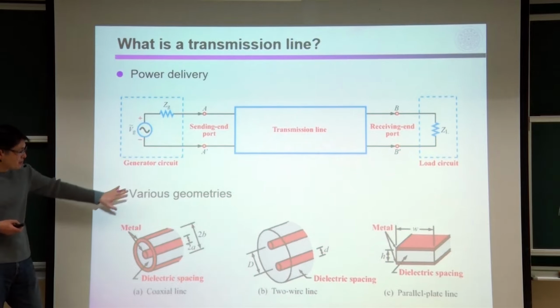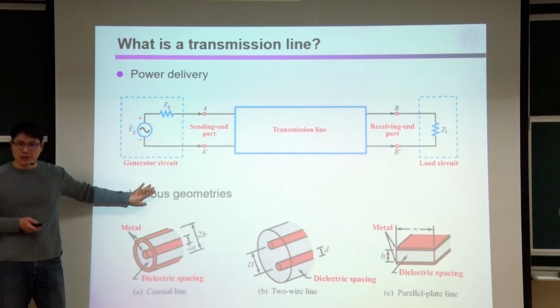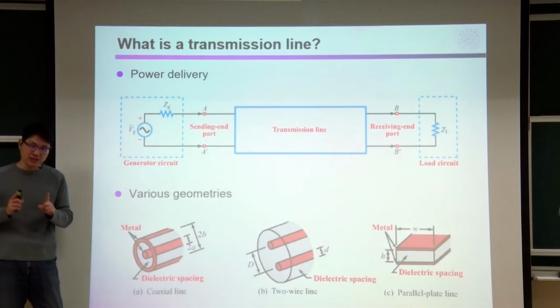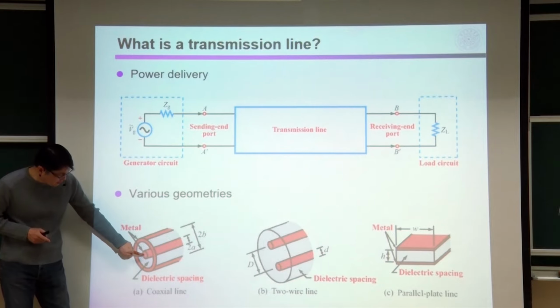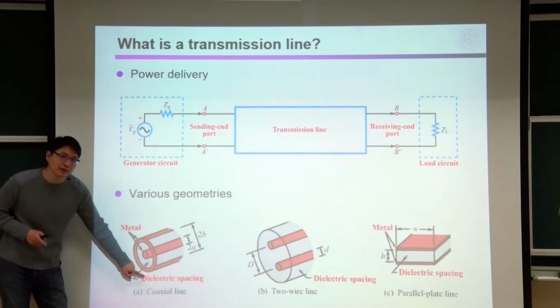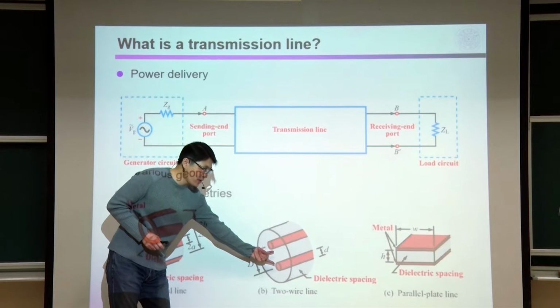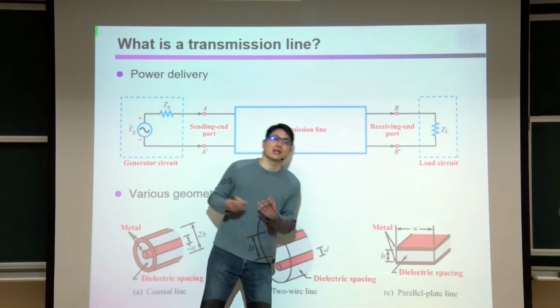Right? So there are various geometries of transmission lines. Basically you have two metallic conductors. In the form of coaxial cable, you can have the core and you can have the grounding conductor. So both are metallic. You can have two wires or you can have two plates.